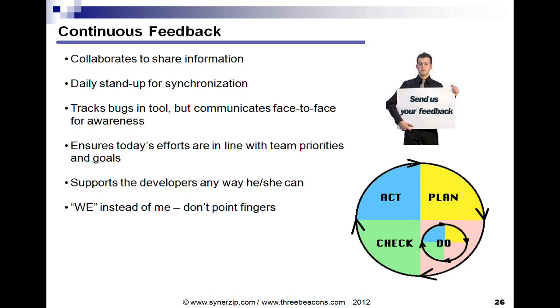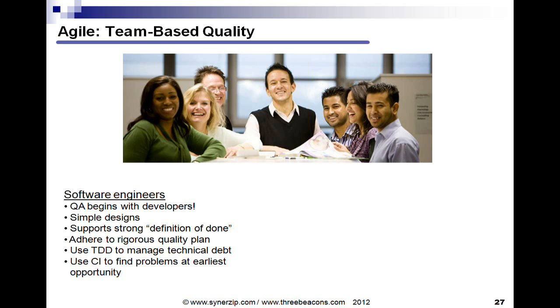And also remember, if the software is buggy, don't point fingers at the developer. It's your responsibility as a team member to help analyze why and suggest improvements to the Scrum Master and the team. In Agile, software developers are reminded daily that they are responsible for the quality of the code.